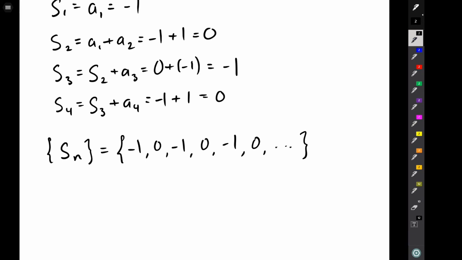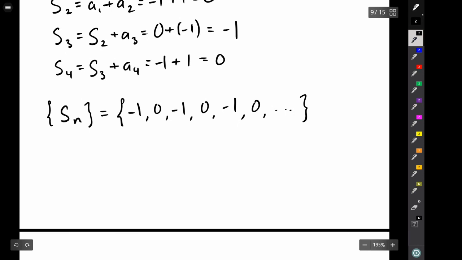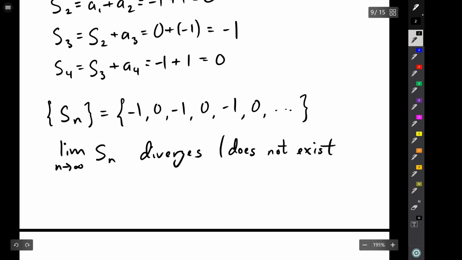So the question is, does that converge? Think about that. Hopefully you'll see that this limit, as n goes to infinity of S_n, diverges. In this case, it does not exist. Remember that if the limit is plus or minus infinity, technically it doesn't exist, but we say the limit is plus or minus infinity because that makes some kind of sense.